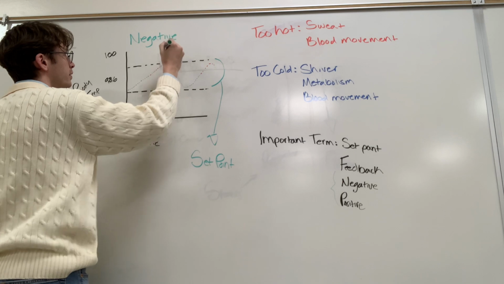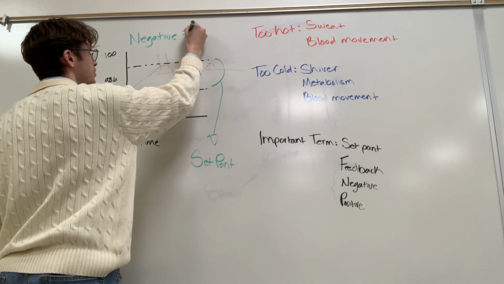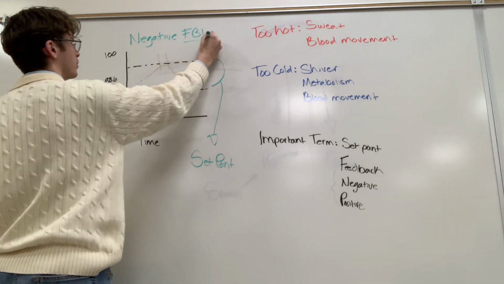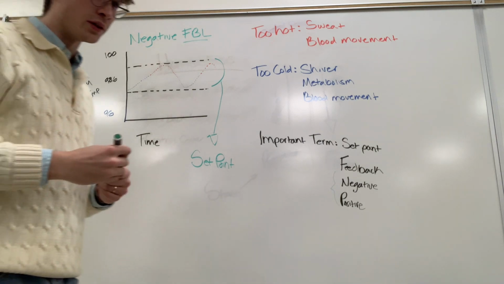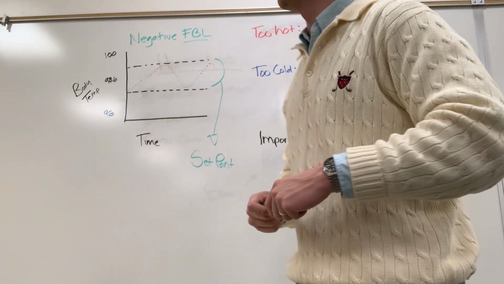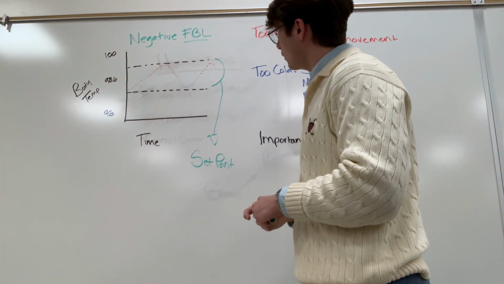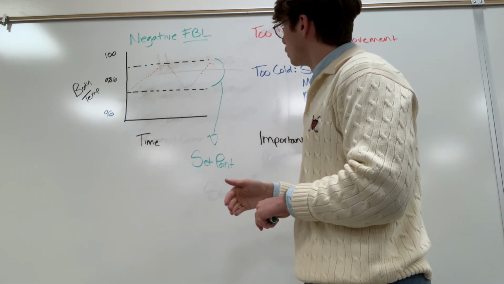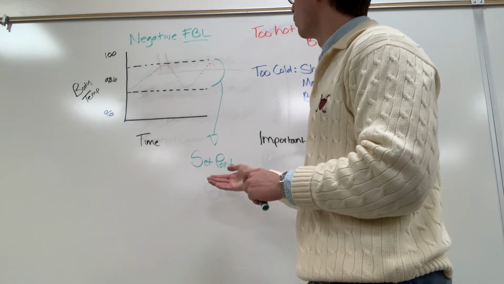The term negative, I'm just going to say feedback loop. When we think negative, we're thinking something bad is happening, or that it's going contrary to what it should be.